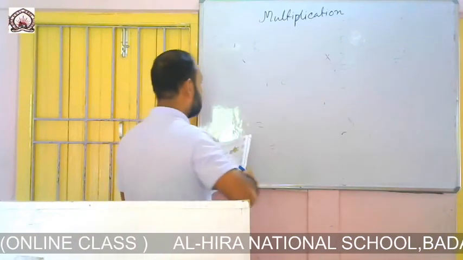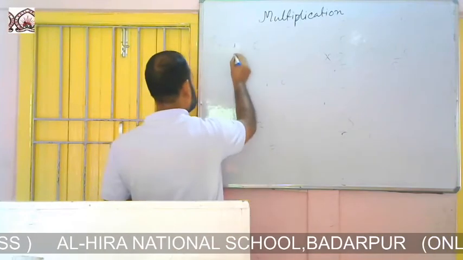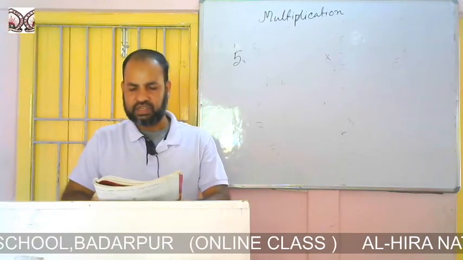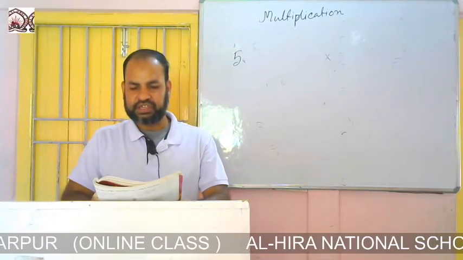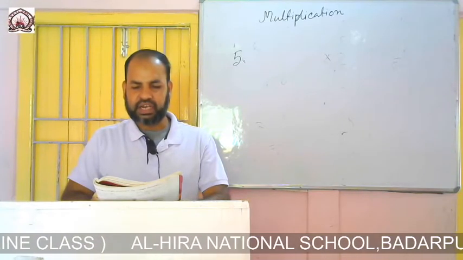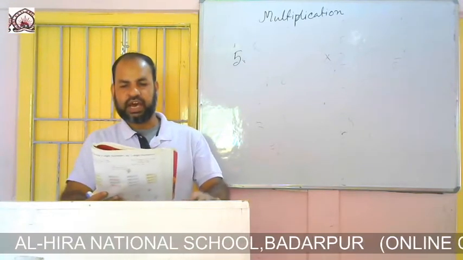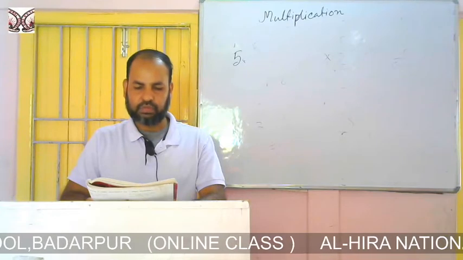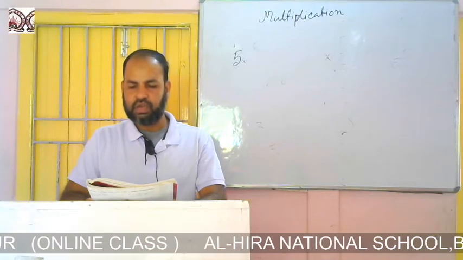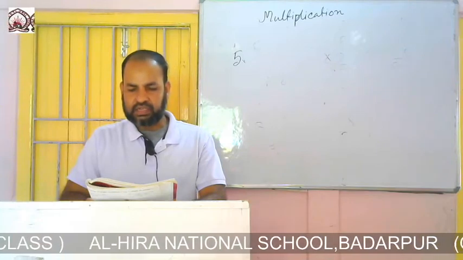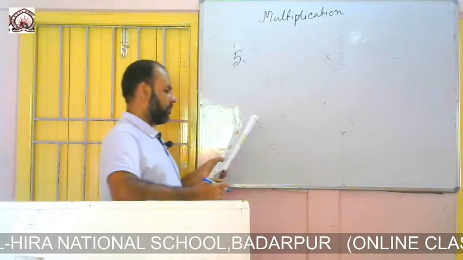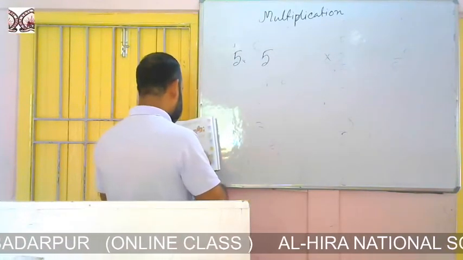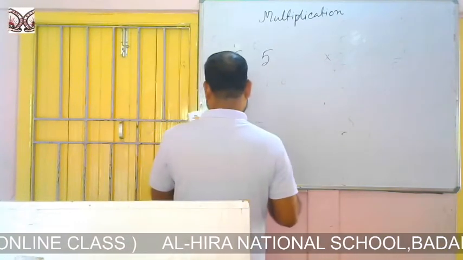Next question number 5. There are 5 rows of chairs in a classroom. 6 children sit in each row. How many children are there in the class? So 5 rows of chairs, and each row has 6 children.